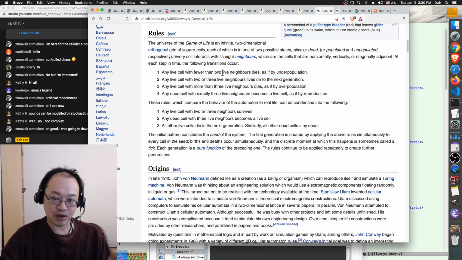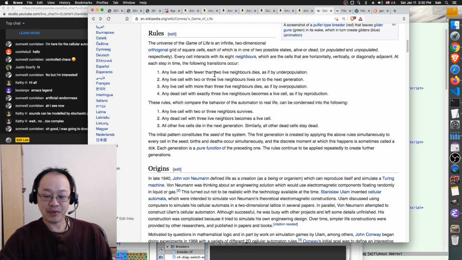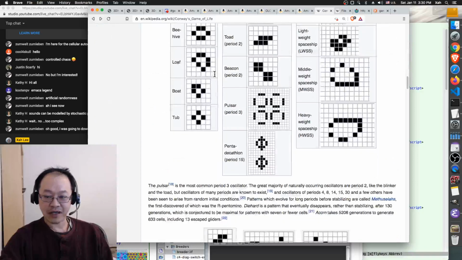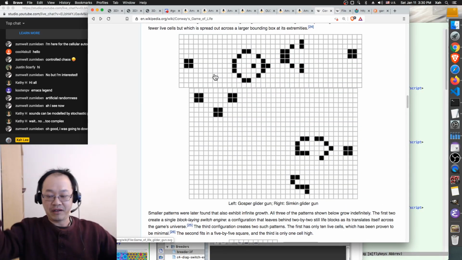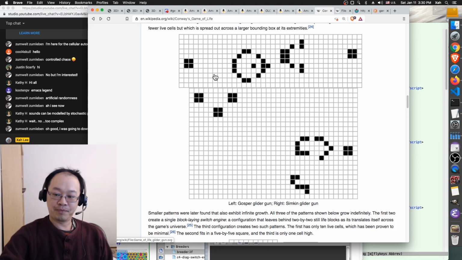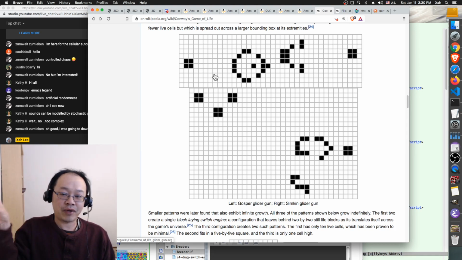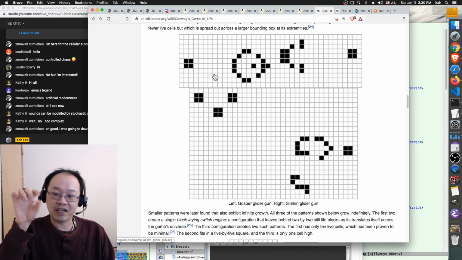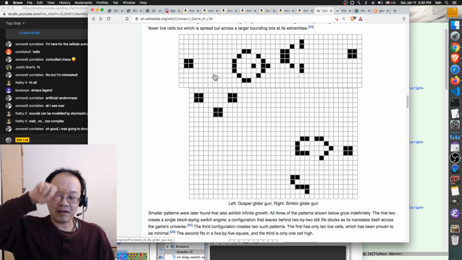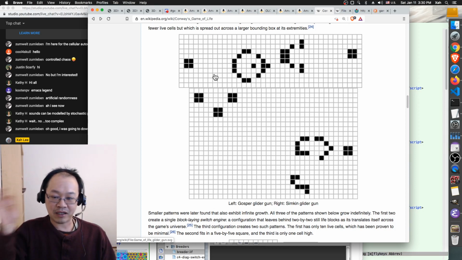You have to actually play it, because of the simple rule. So let me repeat. You start with a blank universe, the grid. Then you put some patterns on it. Doesn't matter what pattern, but let's say one dot. If you have one dot, in the next generation it will die because it has no neighbors, and according to the rule, it dies.